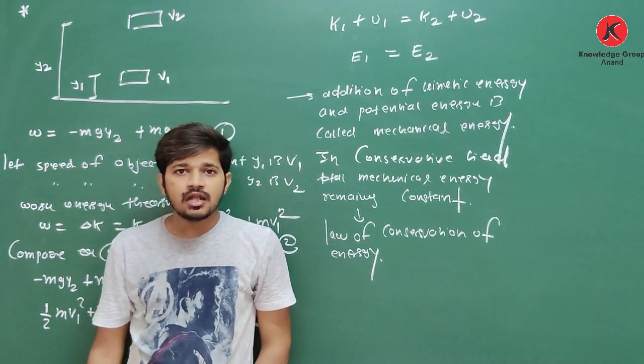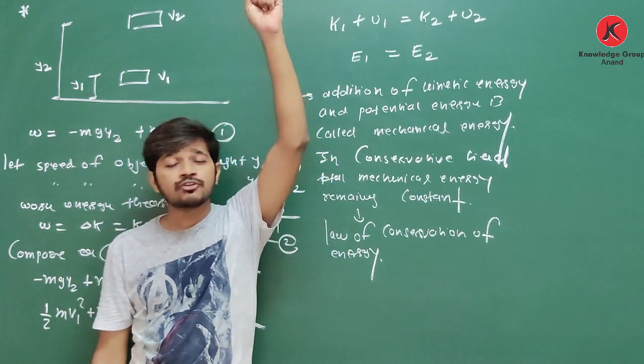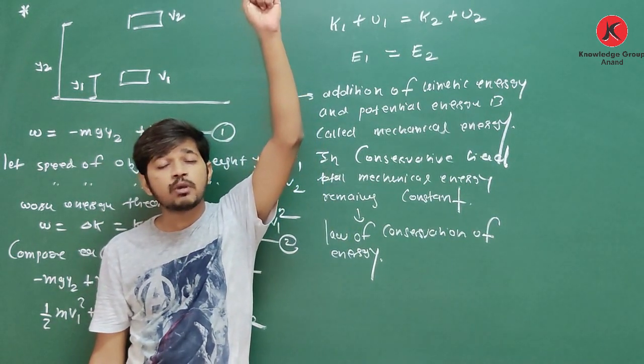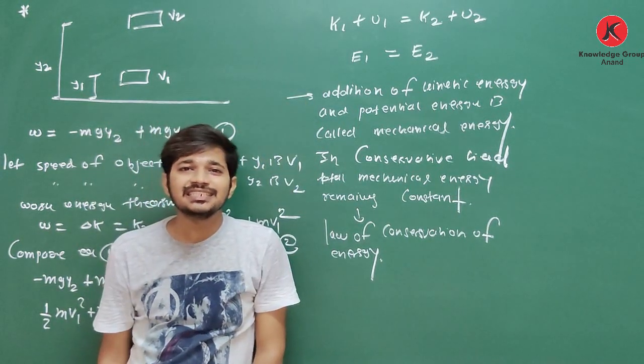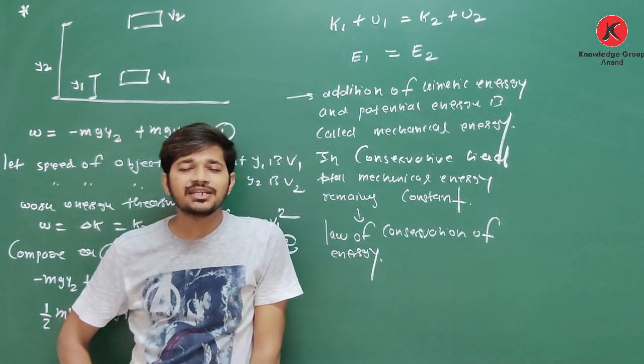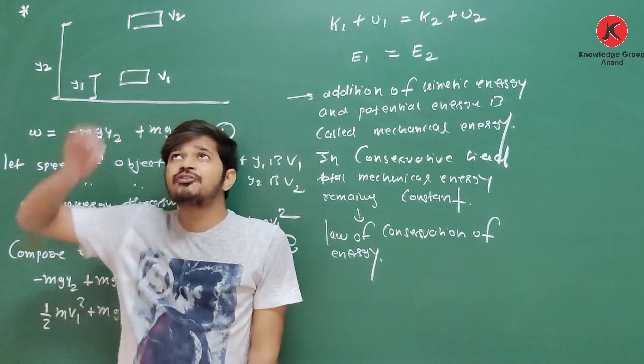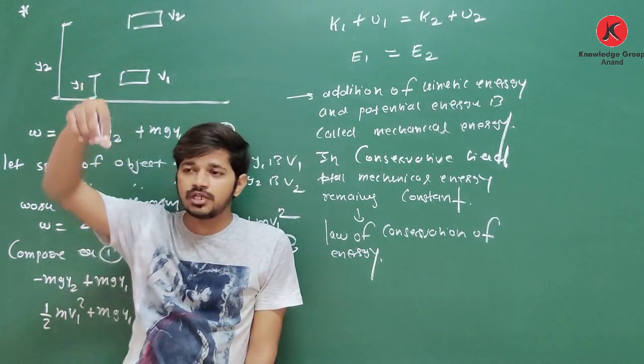Clear about this? At maximum height, velocity becomes 0, so kinetic energy is 0, but height is maximum, so potential energy is maximum. After that it moves vertically downward.